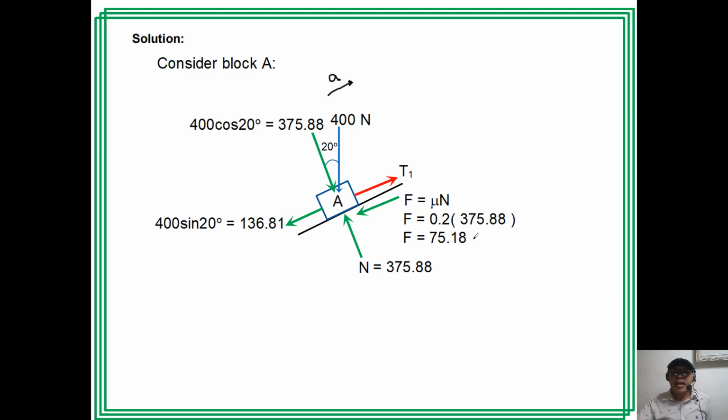Okay. So, since this is accelerated upward, meaning the tension is greater compared to the sum of the friction and this component of the weight. That is why this moves up. So, by Newton's second law, T1 minus F minus... dito pala yung acceleration. Akala ko wala, i-erase na lang natin tong isa.